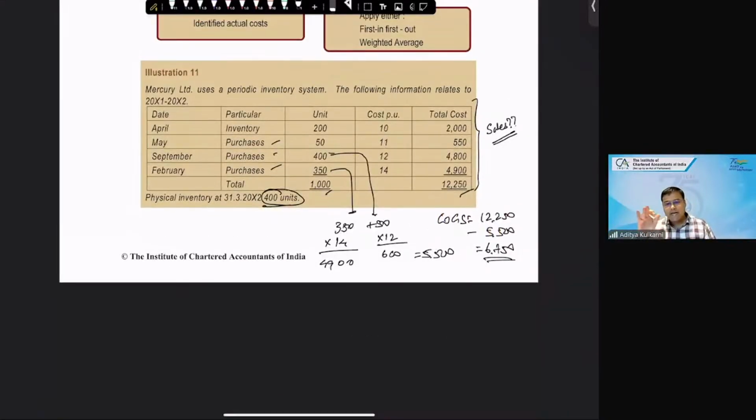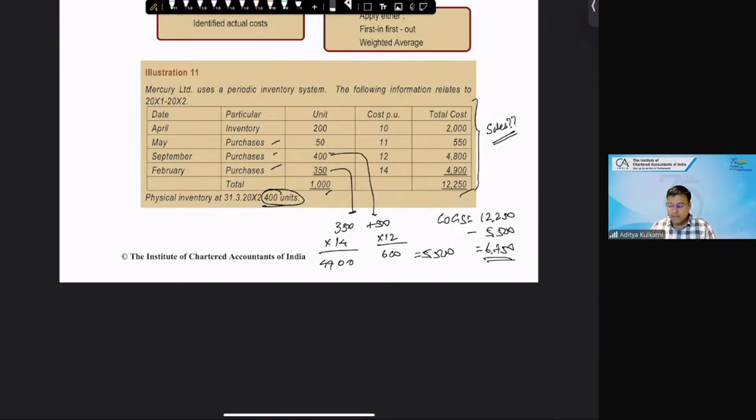If you know how weighted average moves, it will be inwards, then some inwards, then an outward, then an inward. So each and every time there is an outward, it will be measured on the weighted average price at that point of time. Here what is happening is they have not given sales data during the entire year.